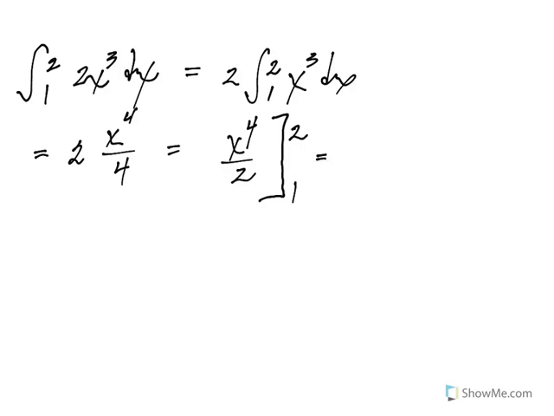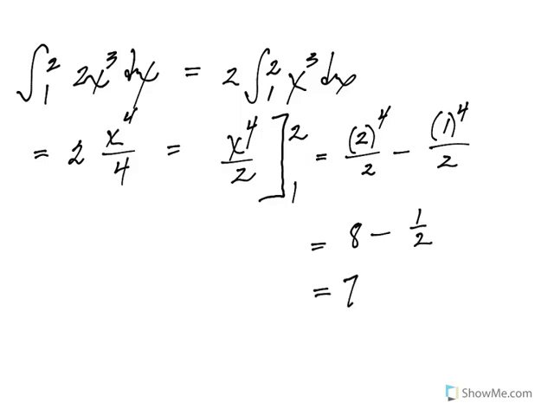And as the formula states in the previous screen, I take the upper bound and plug it in, and I take the lower bound and plug it in. And I subtract the two in that order, which is going to give me 16 over 2, that's 8, minus 1 to the 4th is 1, that's a half. The answer is 7 and a half.